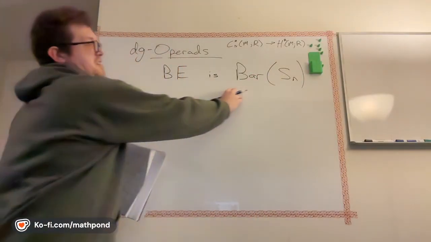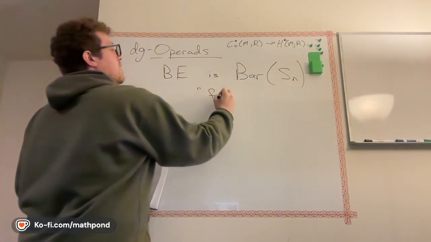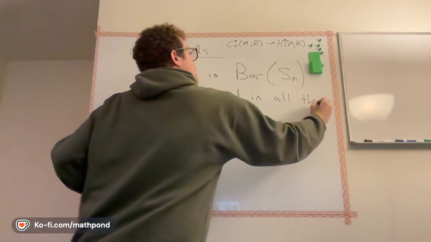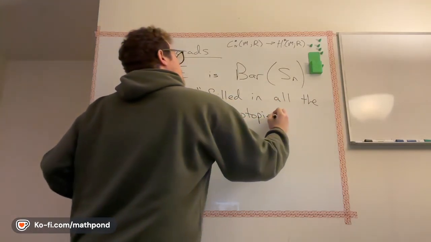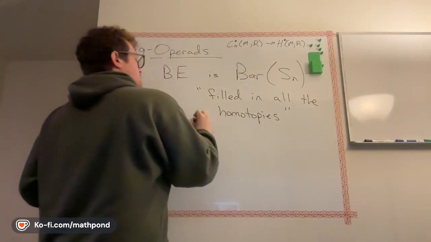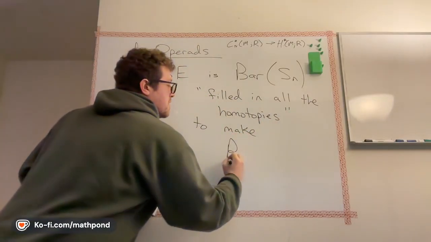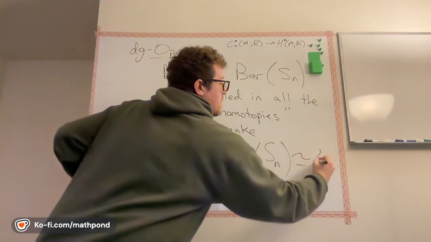I don't want to get into too formal what this means, but essentially you can think of it as we filled in all the missing homotopies so that this thing that we just created is homotopic to a point.